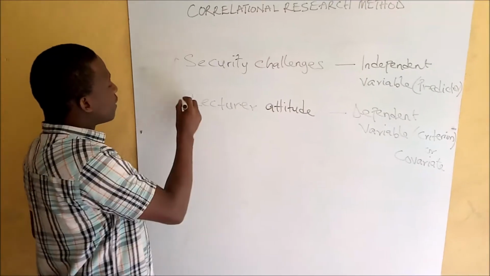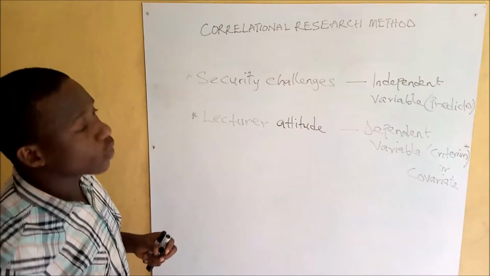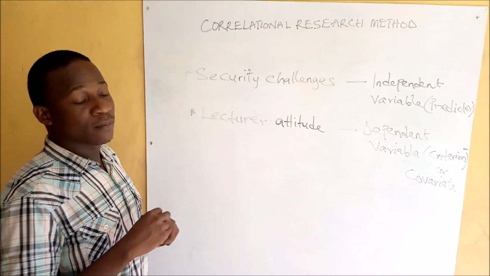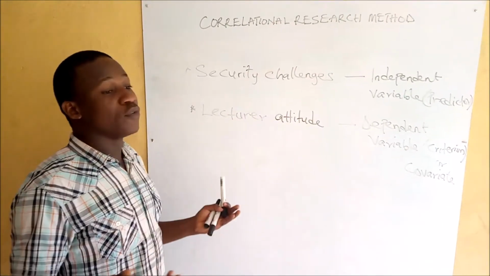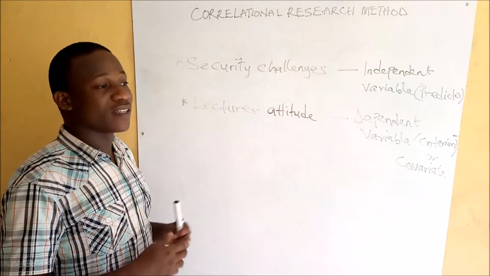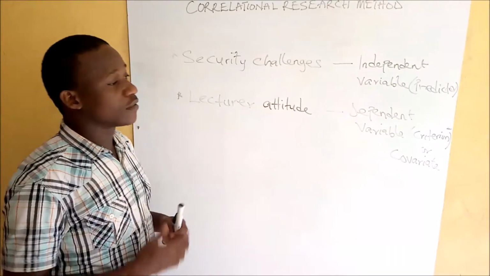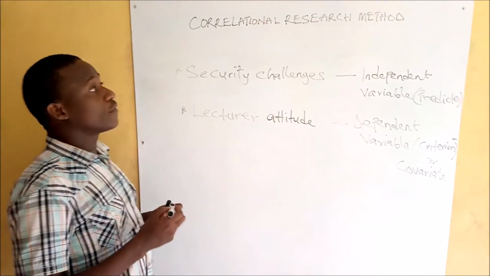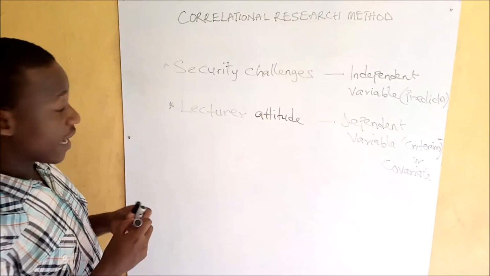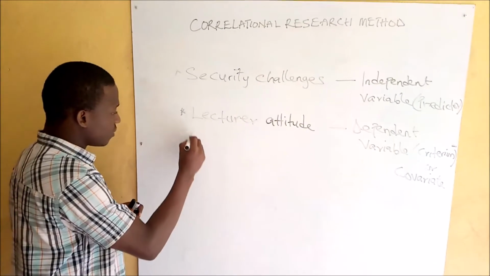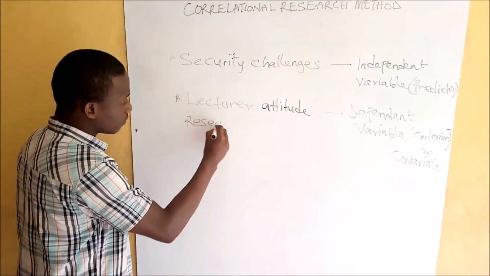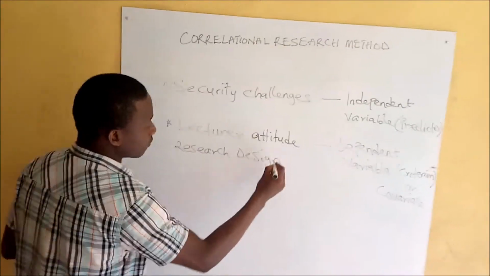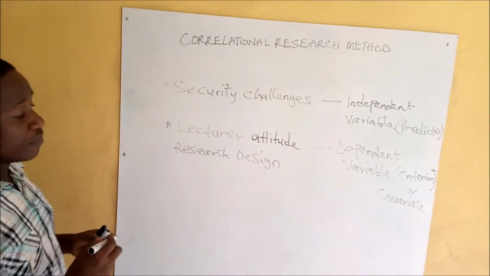Then we have different types of correlational research method, and we don't call them methods again, we call them research designs. Even in your building plan or any other aspect, there are some areas that you need to design. So in research, we design research. So we have 5 types of correlational research design under correlational research method.